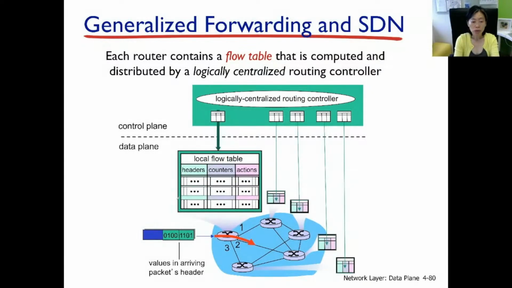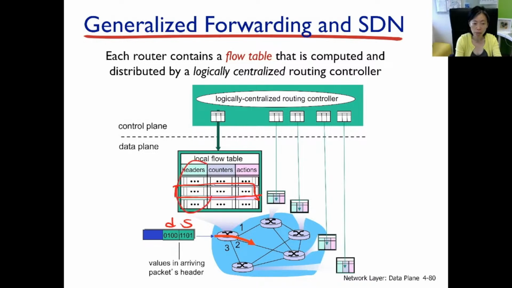So what I'm showing here is also an example. Packets could come in with the headers looking like this, the destination being 0100, source IP address being 1101. Now we need to look up the flow table in this router, and then determine it should go out on interface 2, arriving at this router next. In order to do that, there needs to be an entry, let's say this one here, matching the destination and source address.